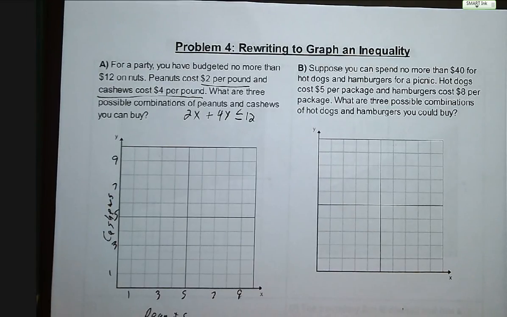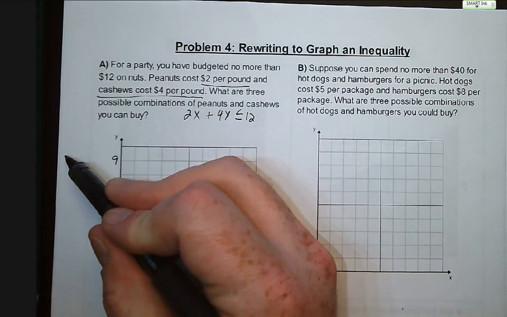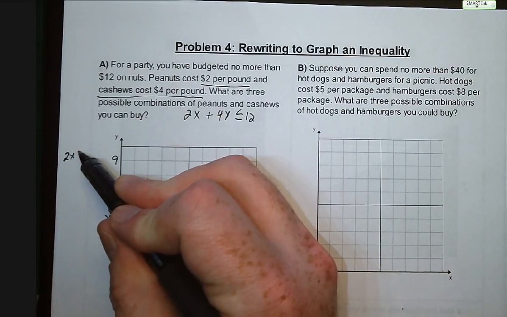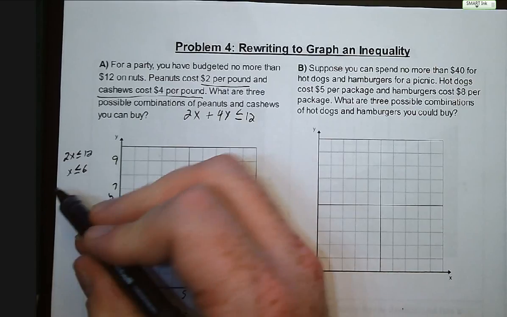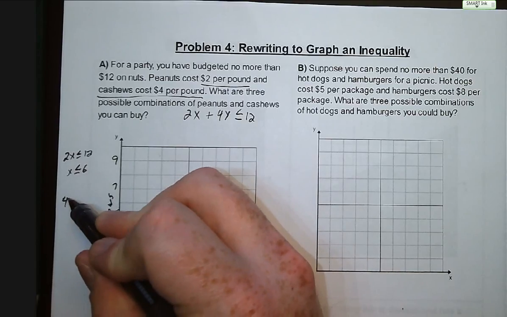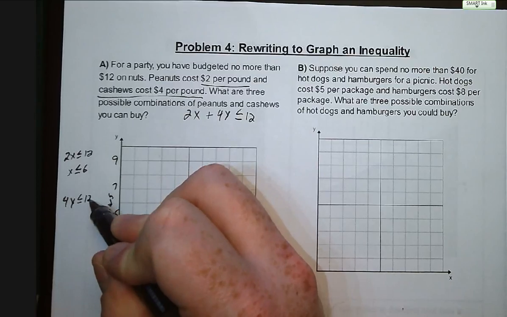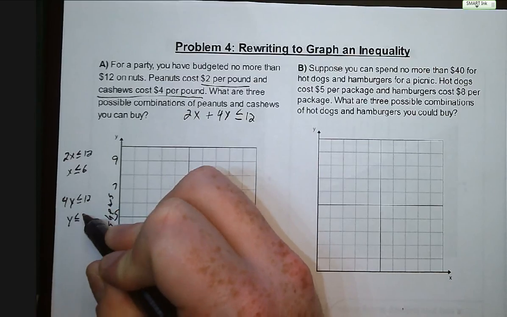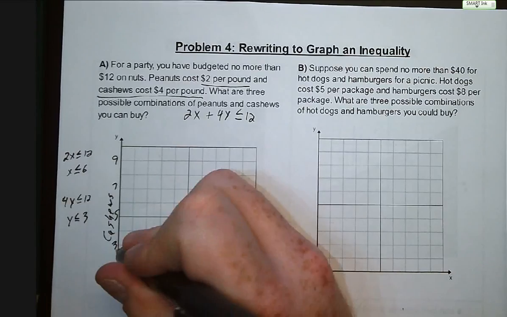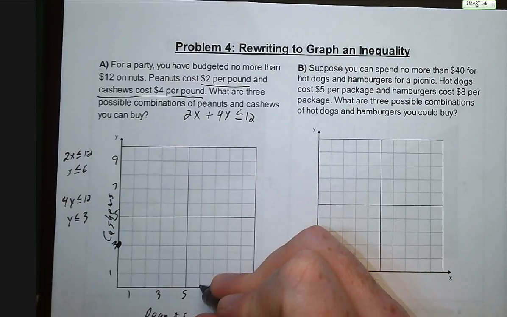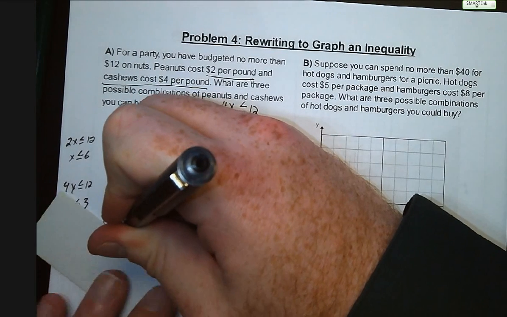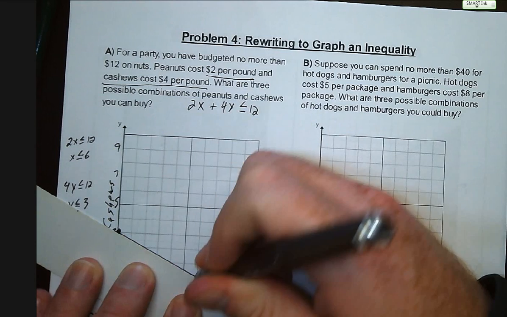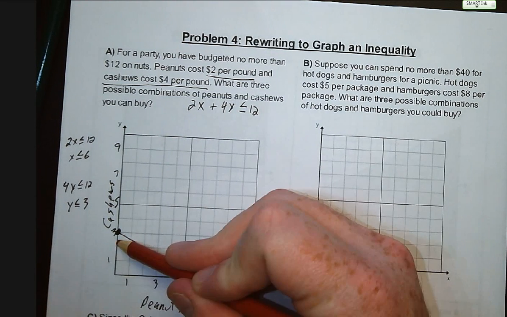So 2x is less than or equal to 12, so x has to be less than or equal to 6. And we have 4y is less than or equal to 12, so y has to be less than or equal to 3. So we have a point at 3 on our y-axis, 6 on our x-axis. It's less than or equal to, so it's a solid line. And we are shading below it.